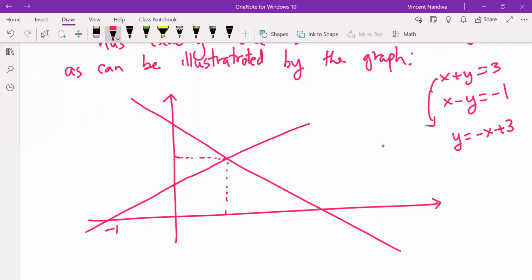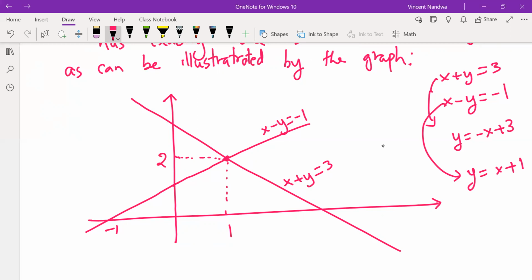So this is the graph of x plus y equals 3, and this is x minus y equals -1. When you solve these two equations, you get x equals 1 and y equals 2.